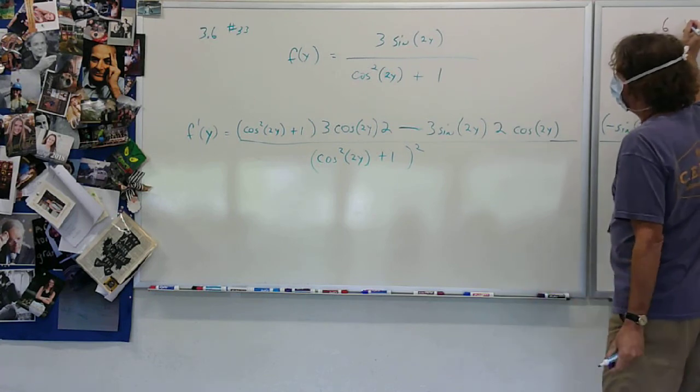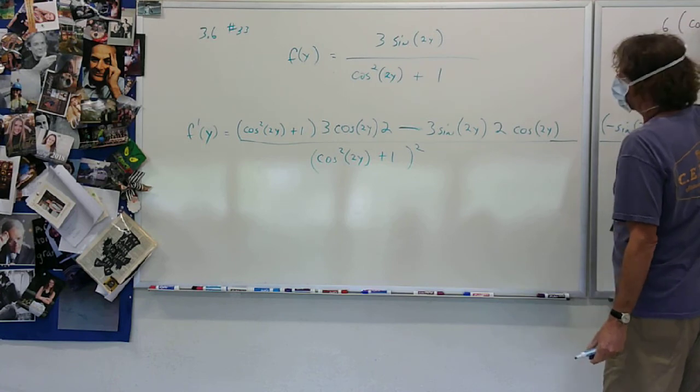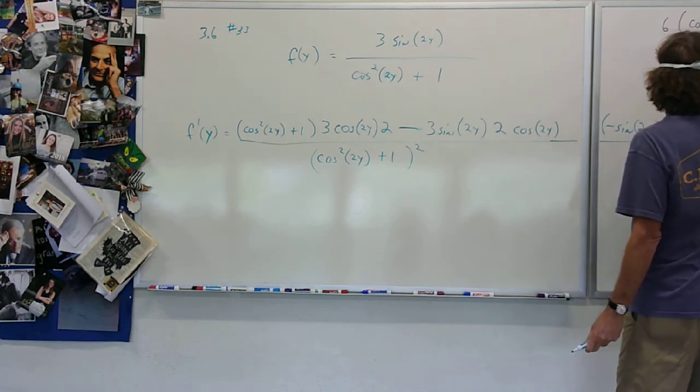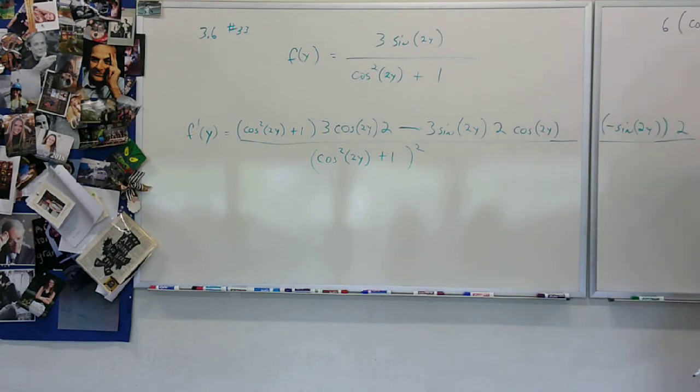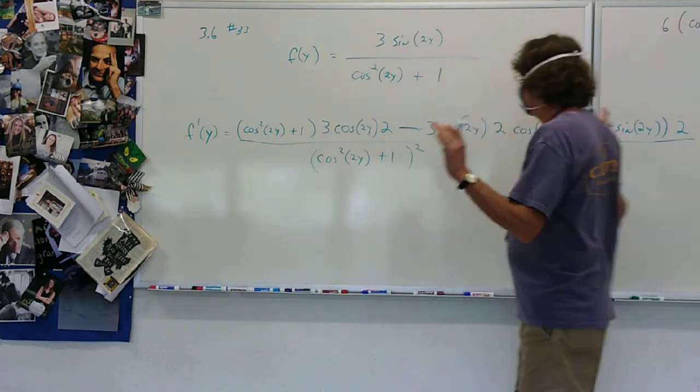6, parentheses, cosine squared 2y plus 1, and then cosine 2y. Make sure I get all my parentheses in the right place. That's all I would do on the first step.